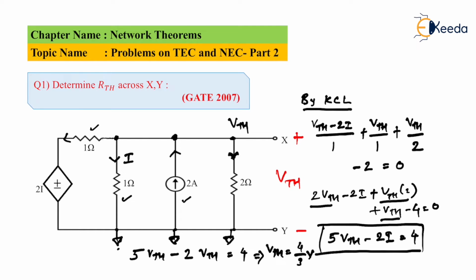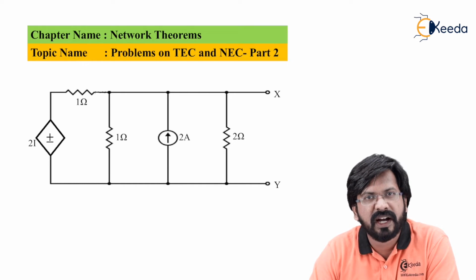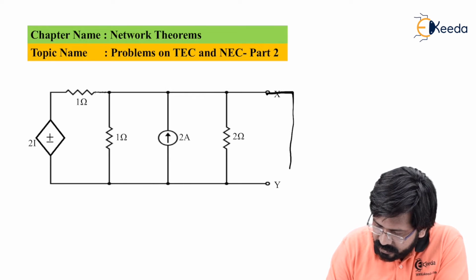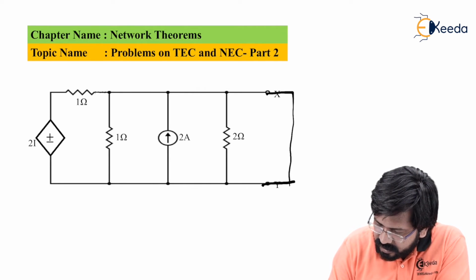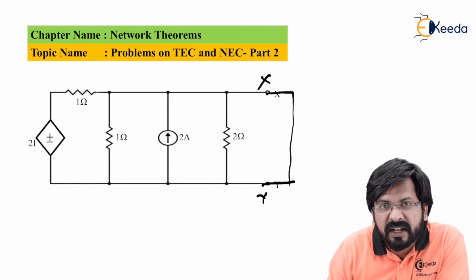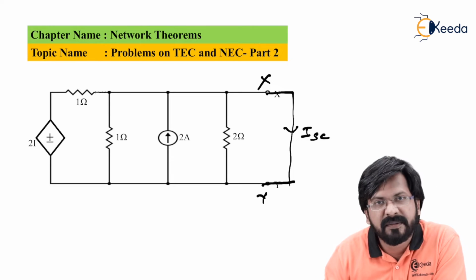So with this, now we will go to the next step. Next step, with respect to the same points, that is X and Y, we need to short circuit them in order to get ISC. So if I short circuit these 2 points, X and Y, the current flowing from terminal X to terminal Y is referred to as ISC, that is short circuit current.